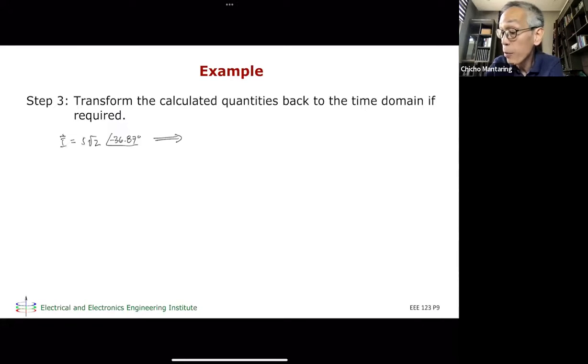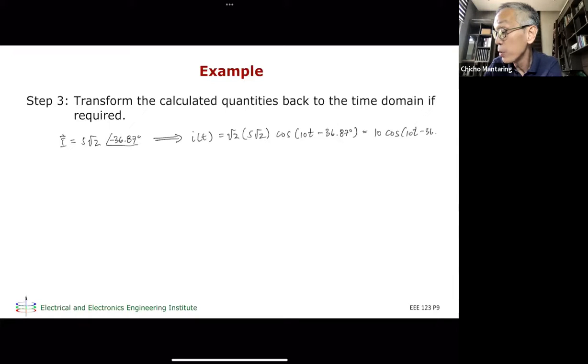Doing the reverse transformation, i(t) is the square root of 2 multiplied by 5 times the square root of 2, cosine, with omega equal to 10t, minus 36.87 degrees. So this is just 10 cosine(10t minus 36.87 degrees).